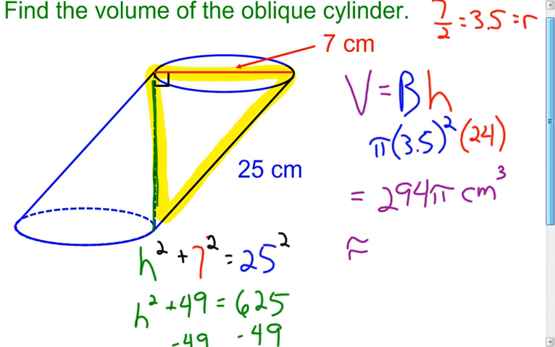And then my approximate, when I multiply that by pi, I end up with 923.63. And again, I use the pi button on my calculator, and that's cubic centimeters. So that's going to conclude my lesson dealing with the examples on volumes of cylinders and of prisms.